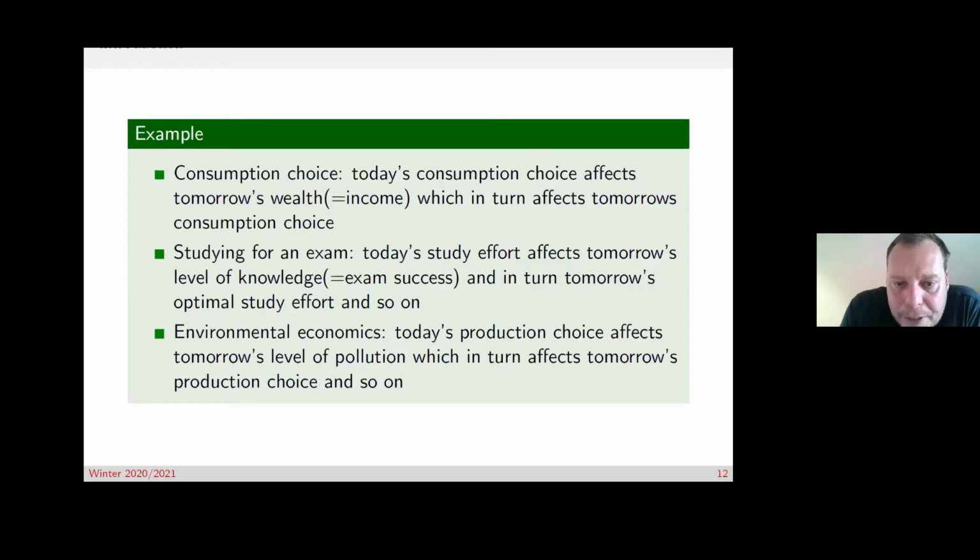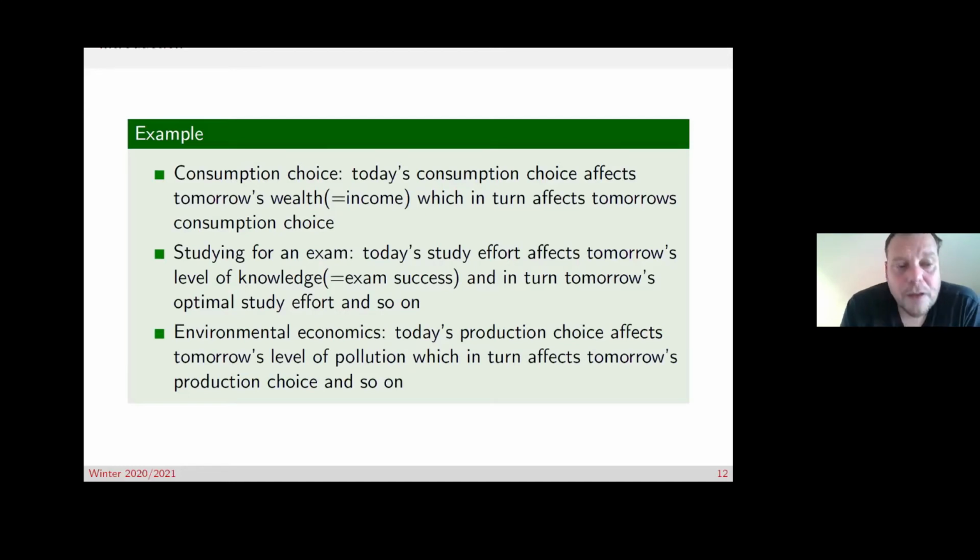When we look at environmental economics, production choices affect the level of pollution. Specifically, when we talk about pollution in a modern context, we're not talking like the 70s acid rain thing, but pollution is basically climate change. Okay, so our production choices affect the level of carbon dioxide in the atmosphere. This obviously affects tomorrow's production choices, because the level of carbon in the atmosphere changes things, right?